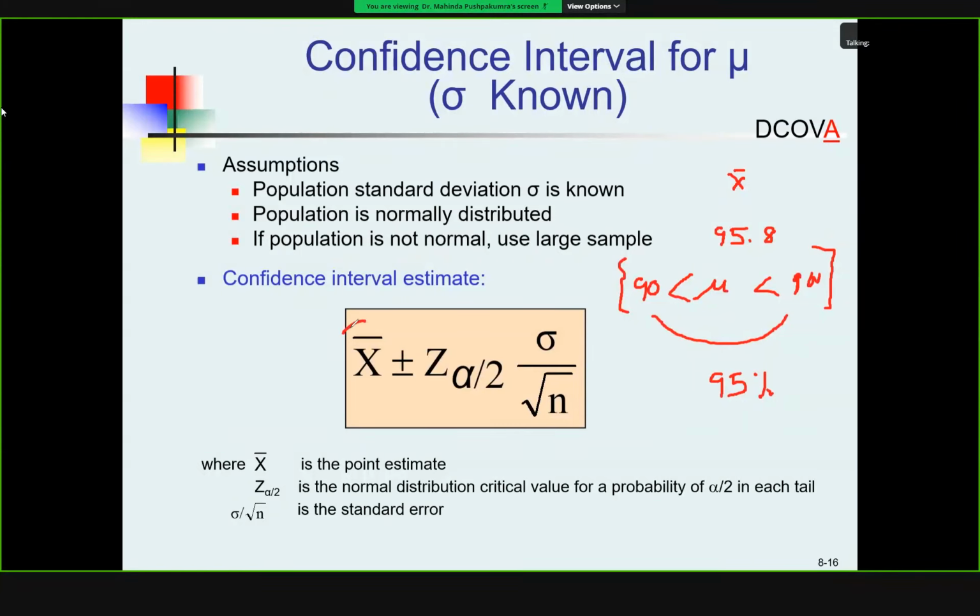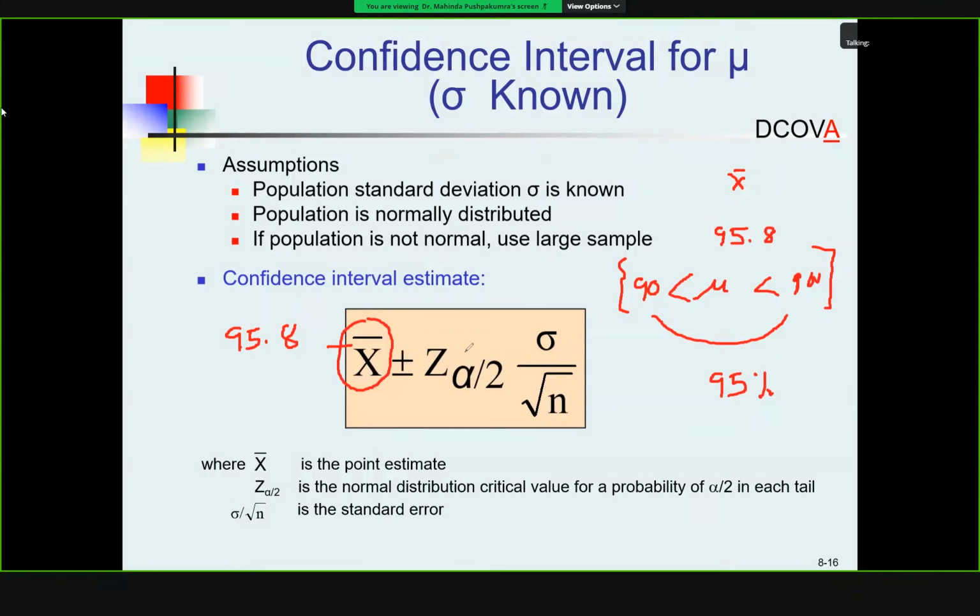Then in this formula, the sample mean is 95.8. Then you can see plus or minus.